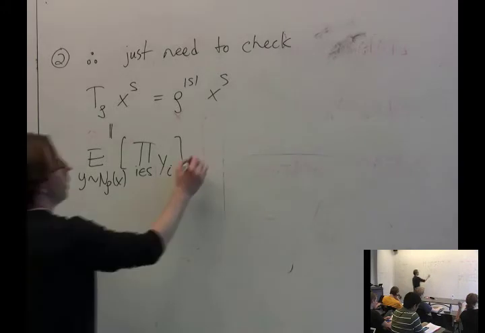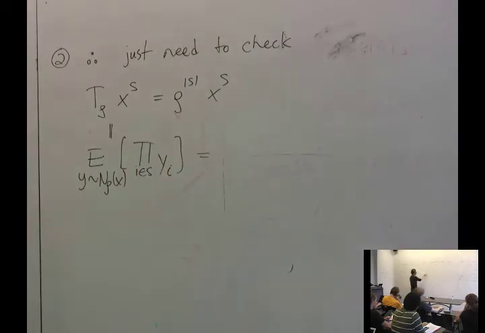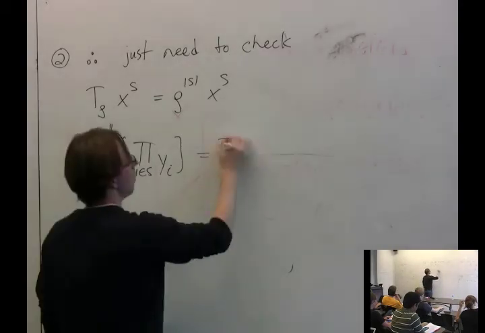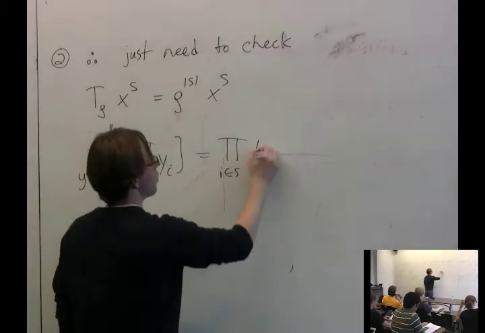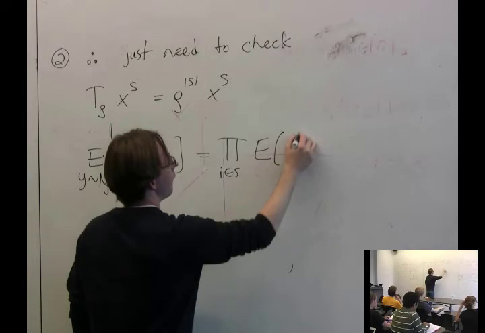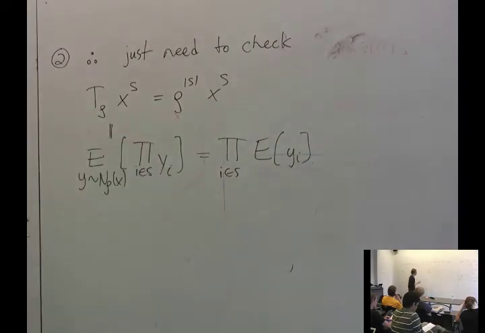Okay, and once x is fixed and y is drawn in this way, y's coordinates are independent. So this is the product over i in s of the expected value of yi. When x is fixed, what is the expected value of yi?